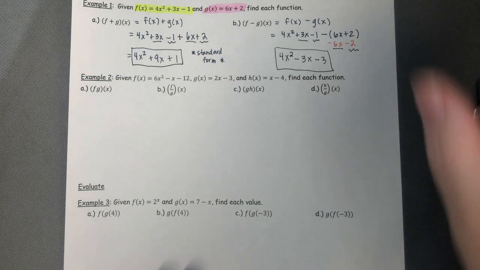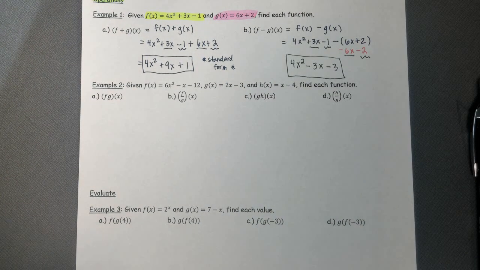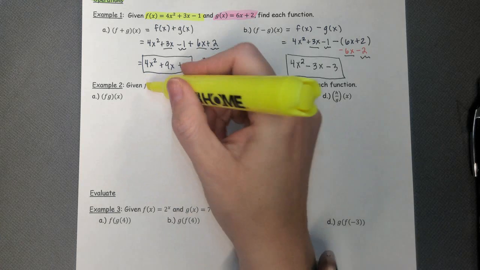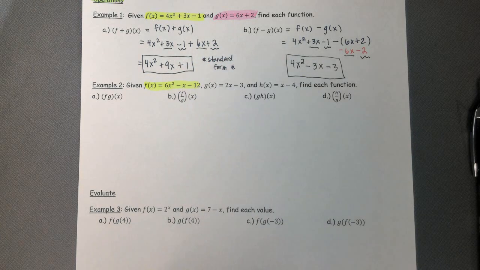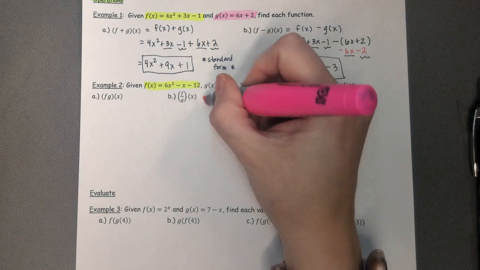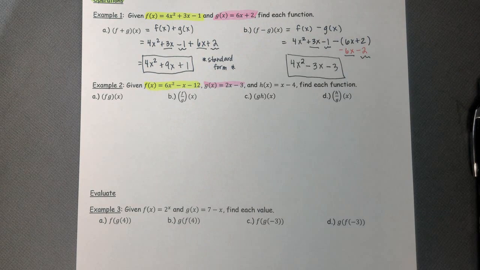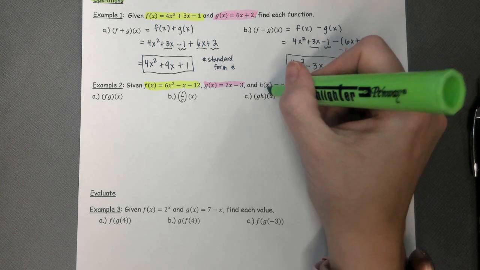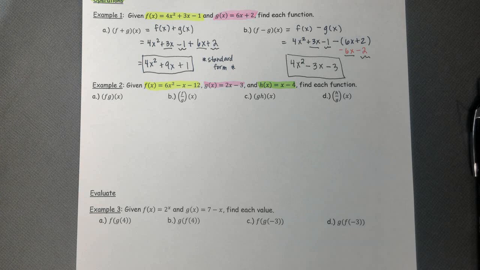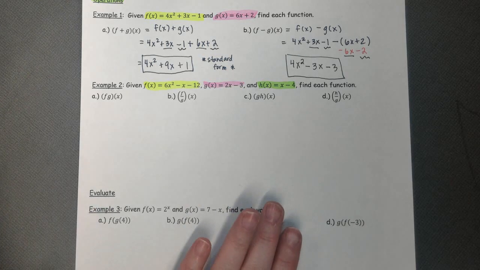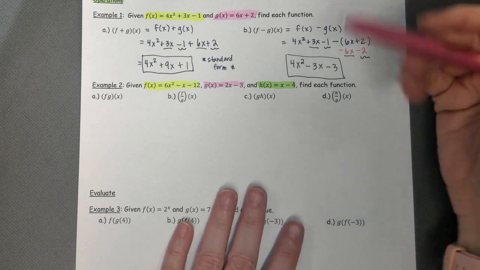Okay, for example 2, we are given 3 polynomials. We have f of x, we have g of x, and we have h of x. Okay, and then this is to find each function. Something else that's usually in the directions is you have to list any restrictions if you have any, okay?